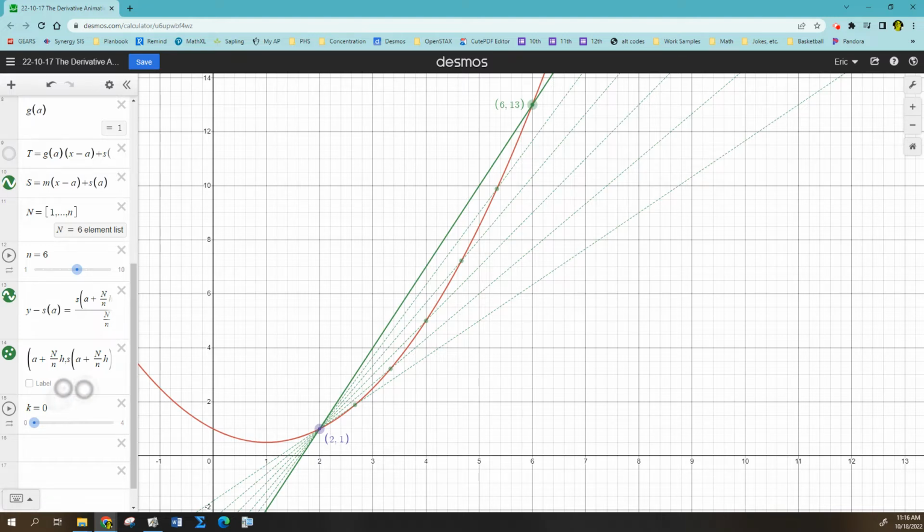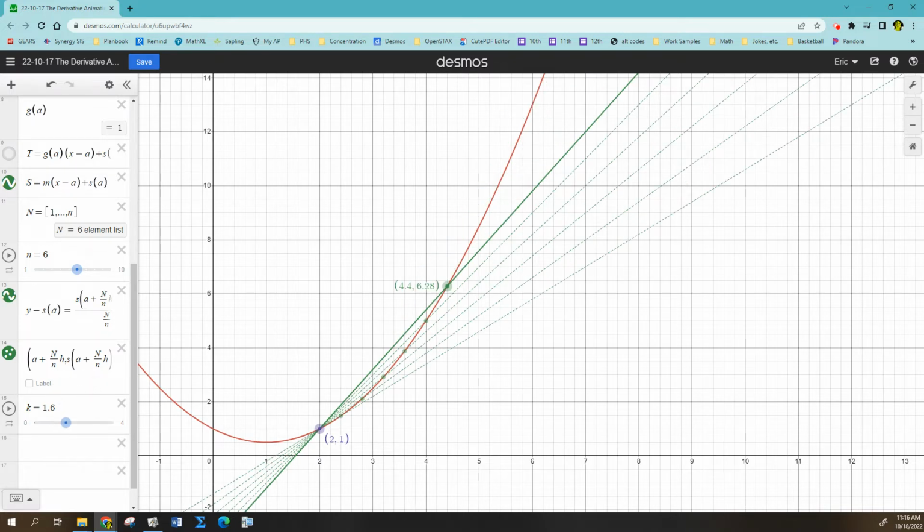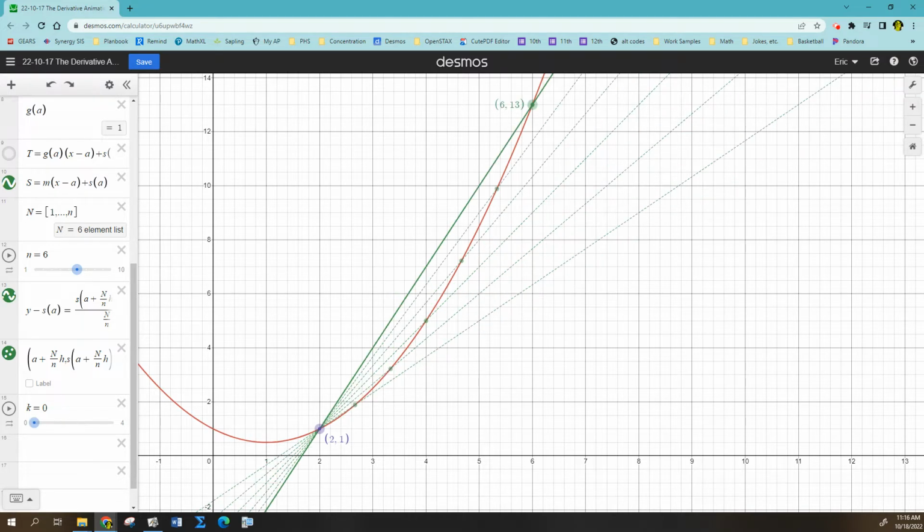The secant line, finding the average rate of change between two points that are closer together, right, starts to look more and more like that tangent line we're chasing.